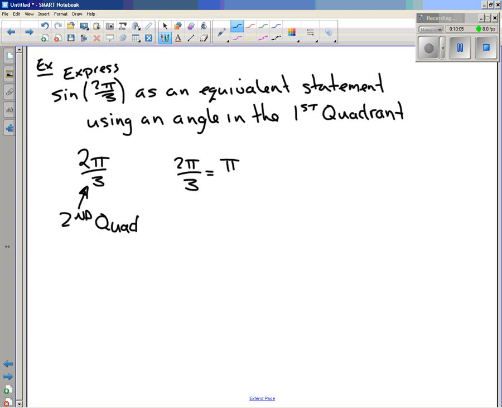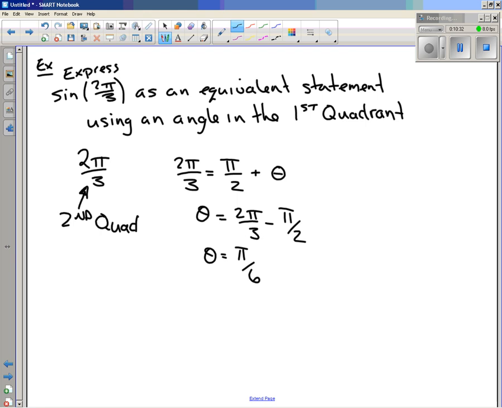So pi by 2 plus theta. We can rearrange for theta, and we'll get theta equals 2 pi over 3 minus pi by 2. And that's going to work out to being theta equals pi by 6.